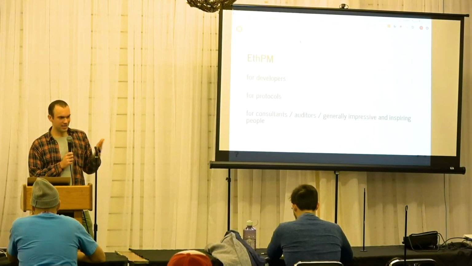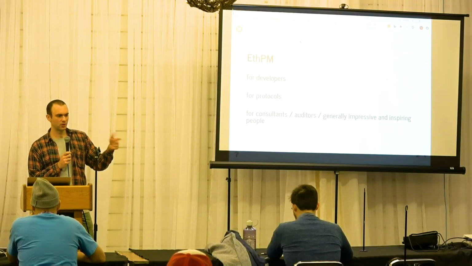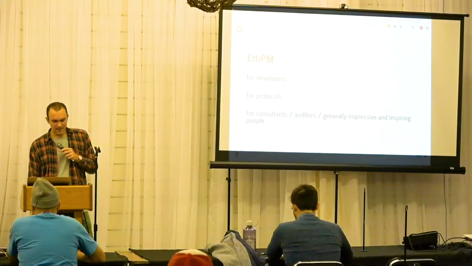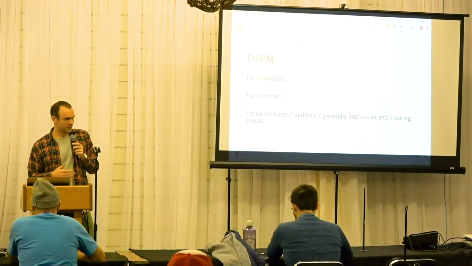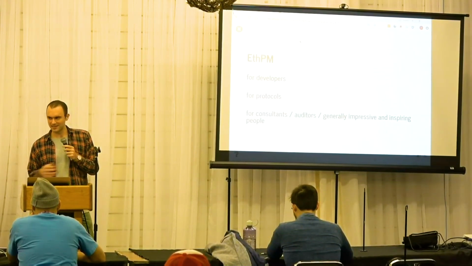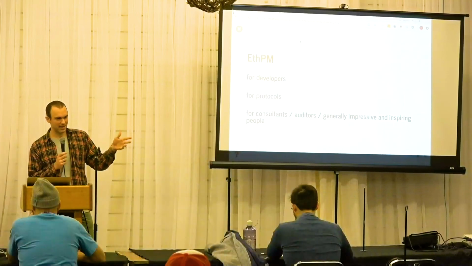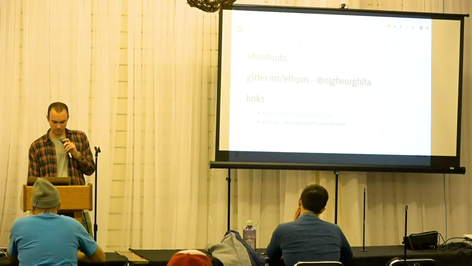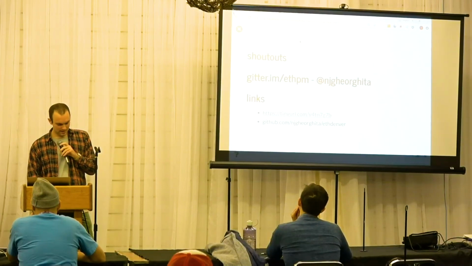A well-created package and good documentation is all a developer needs to start building on top of your protocol with minimal code. If you're a consultant or an auditor or just looking for a job, want to make a name in the space, maintaining a registry with trusted packages is a great way to get recognition in the space. And if you're just a cool person who's into interesting things, this is something good for you.